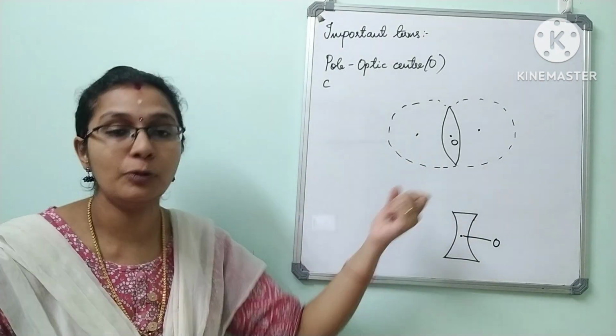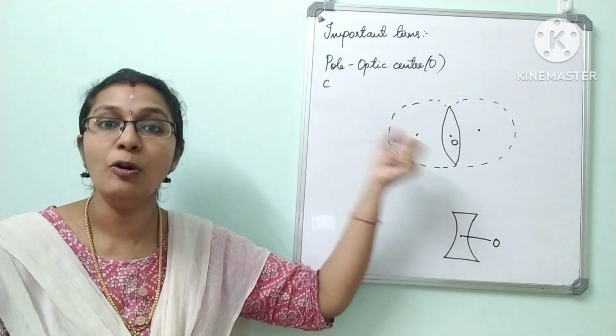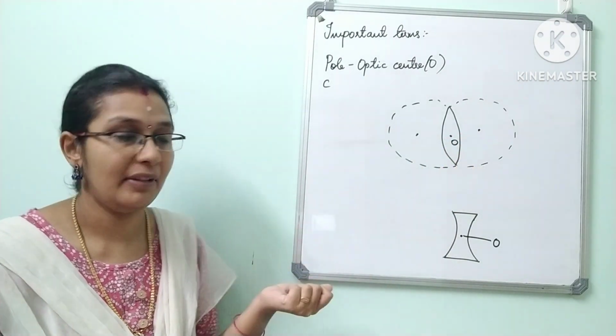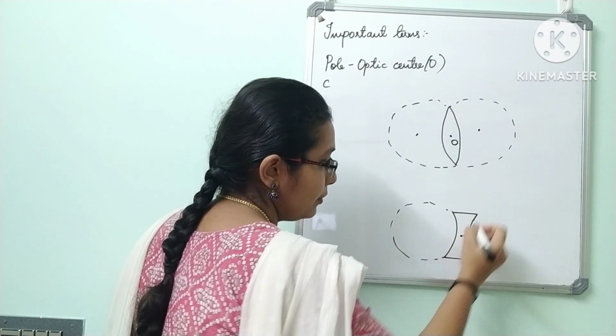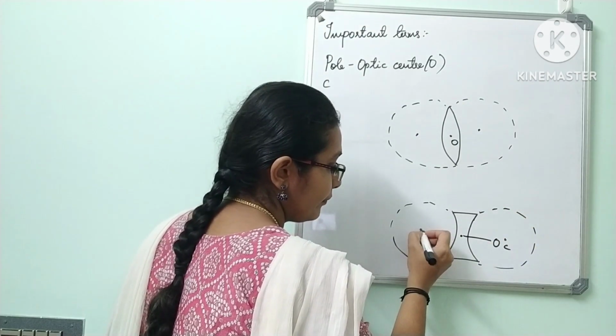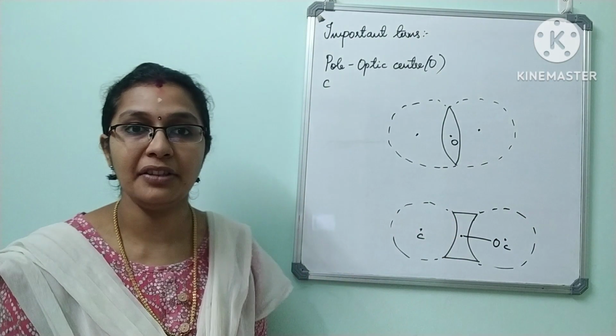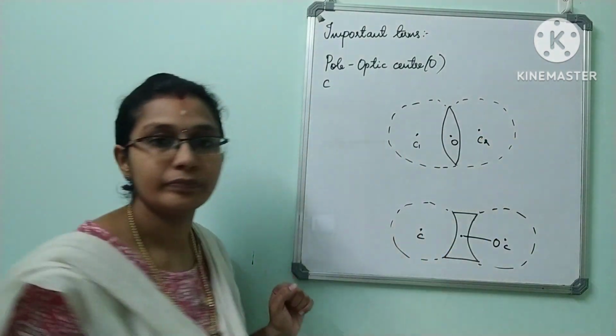Here we have two surfaces which are parts of two different spheres, so we have two centers of curvature. Similarly, here also we have two centers of curvature. In order to differentiate both, let us call them C1 and C2.